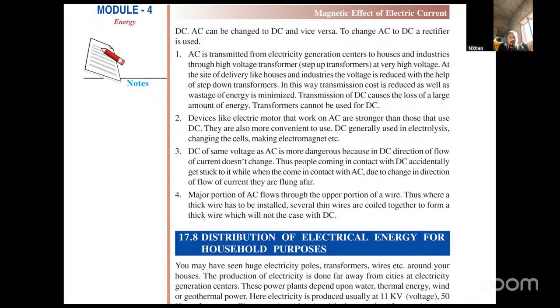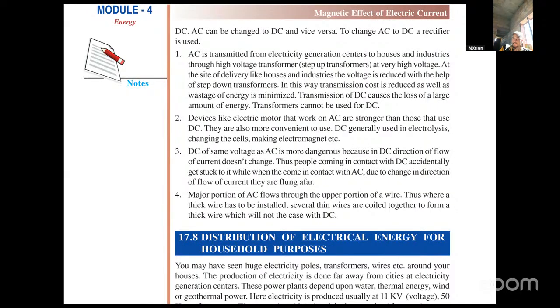Electricity poles have not 220 volts, which we are getting in our houses, but 11,000 volts. 11,000 volts current is running in that wire because the length is more. So if current is very high, then only it can travel from one city to another city. Did you understand, guys?